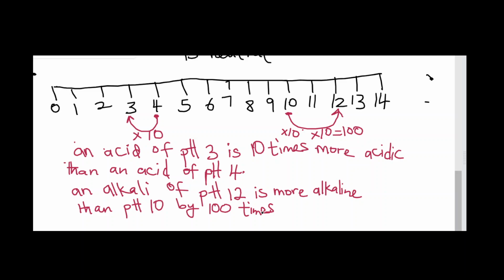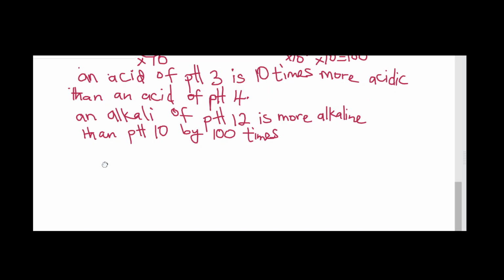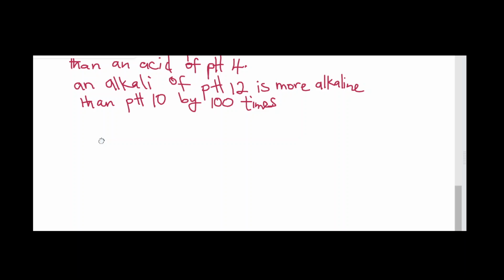So let's just take a look at some solutions, for example. So examples of solutions that you can be given and how you would refer to those solutions. So an example is if you are told that a solution has pH 5, right?